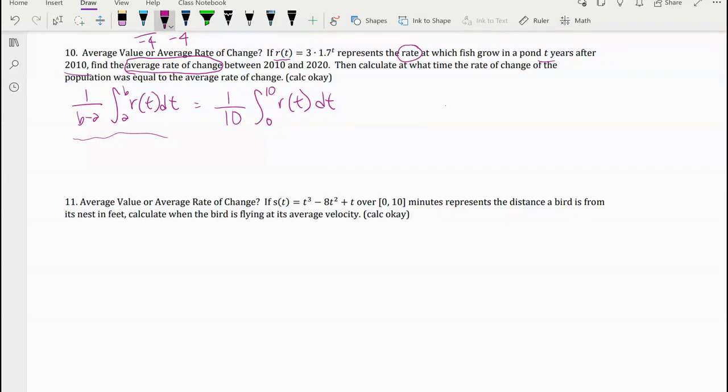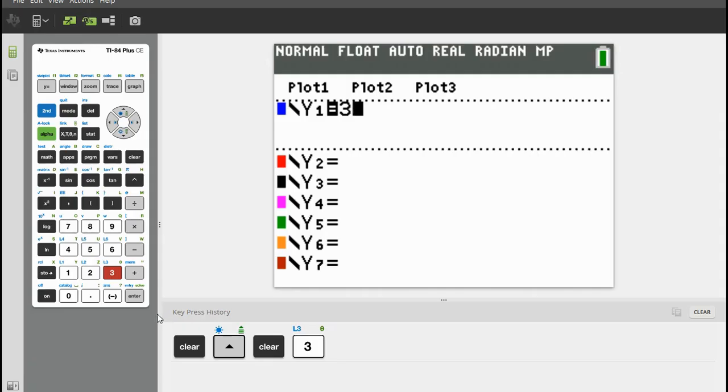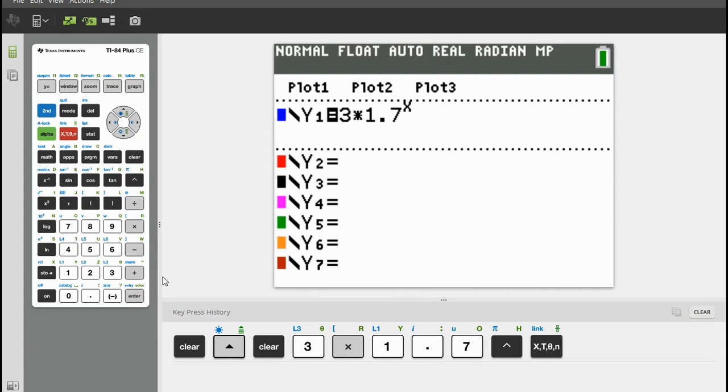We're going to use a calculator for this one. So first thing we want to do is figure out what 1 over 10 times the integral from 0 to 10 of r of t dt is. 3 times 1.7 to the t. Function 3 times 1.7 to the, we're just going to use x here. There's my function.